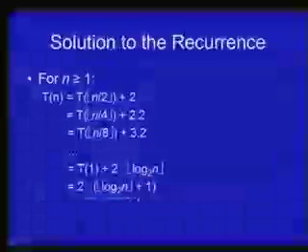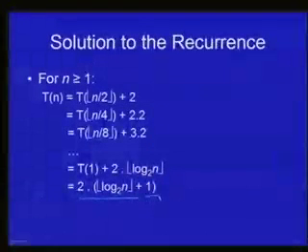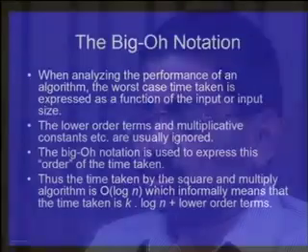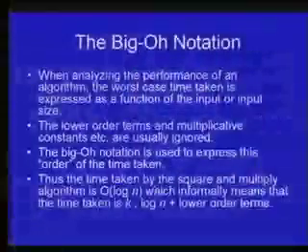So in the previous example we saw that the running time is a constant times log n plus a constant. Both the value of the constant and the additive constant are really unimportant in the big O notation. So the big O notation is used to express the order of the time taken, or in general of any function.